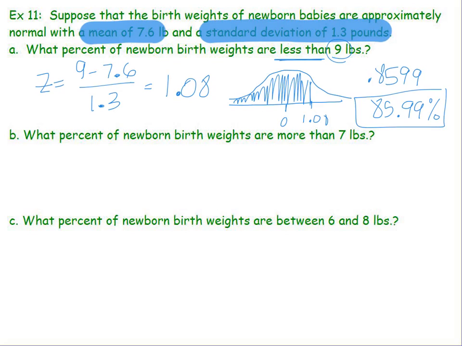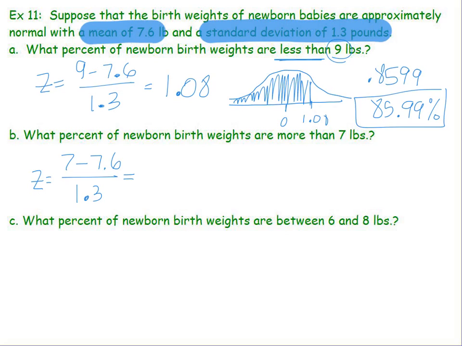Let's do some more. What percent of newborn birth weights are more than 7 pounds? Start off the same way. Z-score: 7 is the magic number, minus our mean of 7.6, divided by our standard deviation of 1.3.